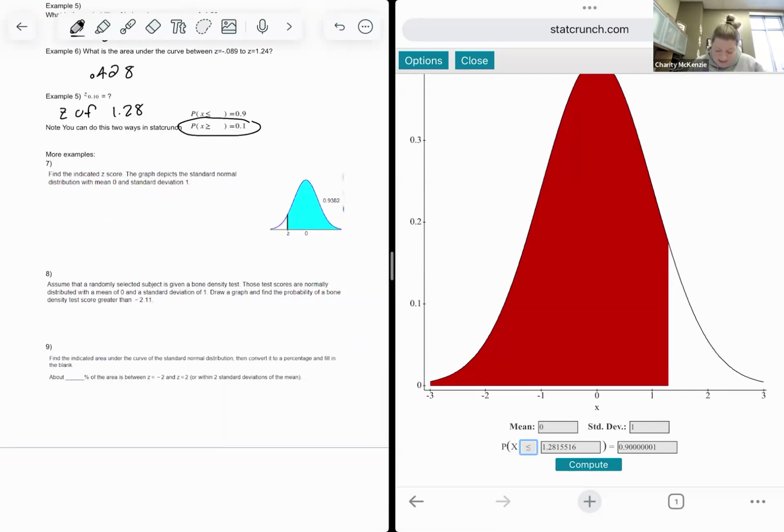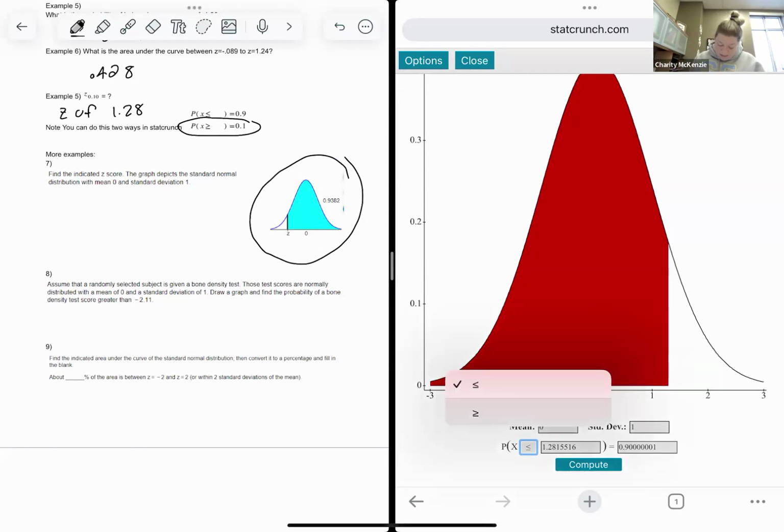Okay, find the indicated z-score. You're going to see a lot of things like this, where they either give you the z, or they'll give you the picture, and you have to recreate it in StatCrunch. This one gives us the area under the curve, or that probability, and wants the z. So we need to make it look like that. The z that we're looking for is greater than, right? So we have to keep this one to be greater.